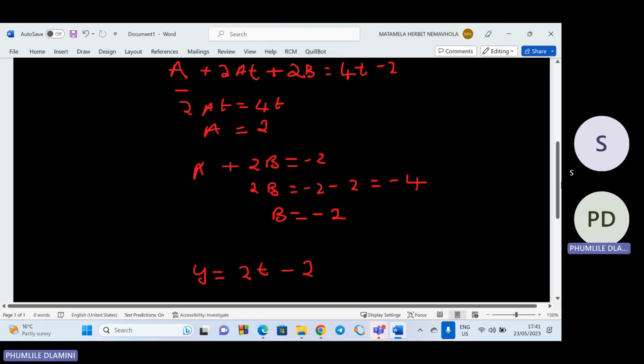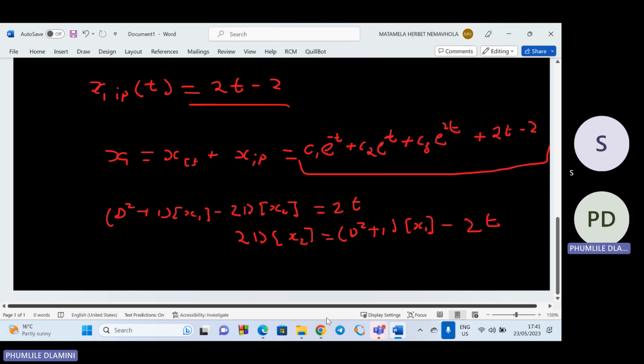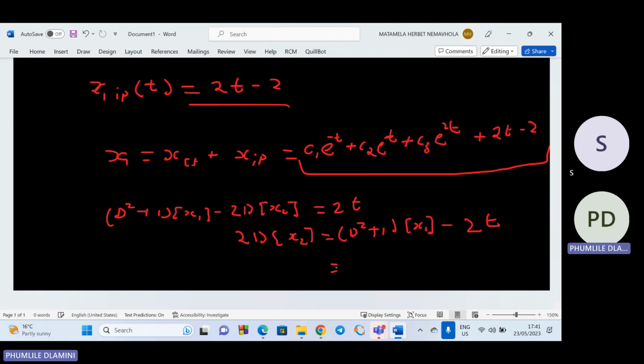Now when you substitute this equation, I'm going to first do it there. You can start by dividing by 2, or you can divide by 2 later, not now.